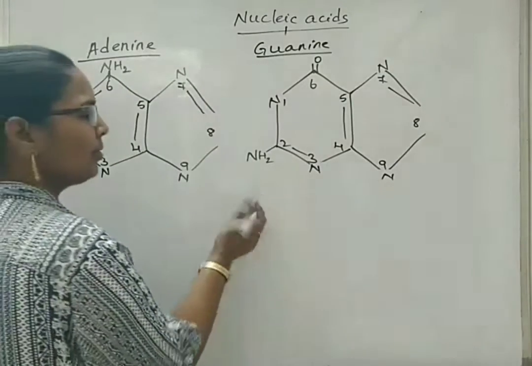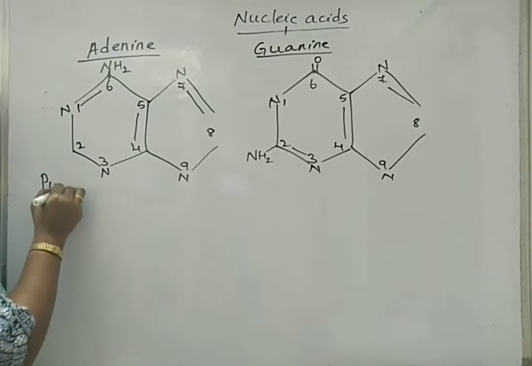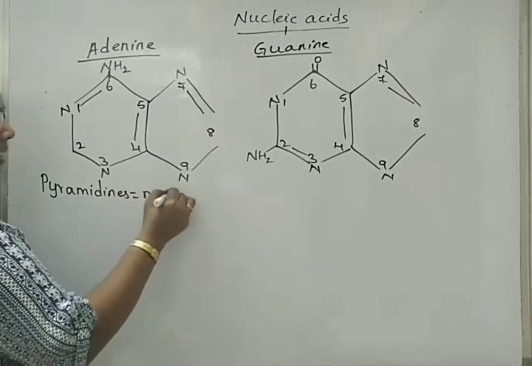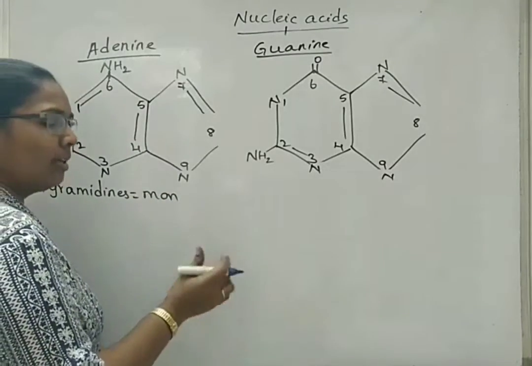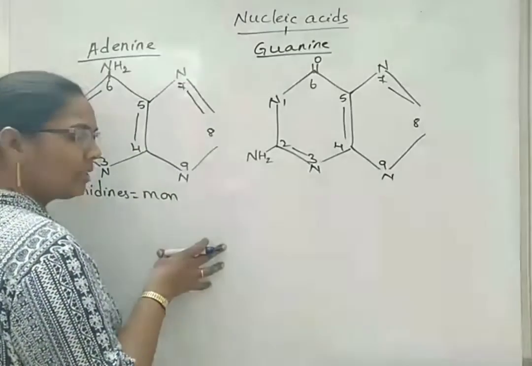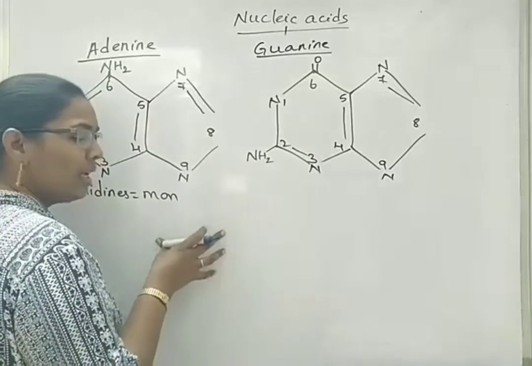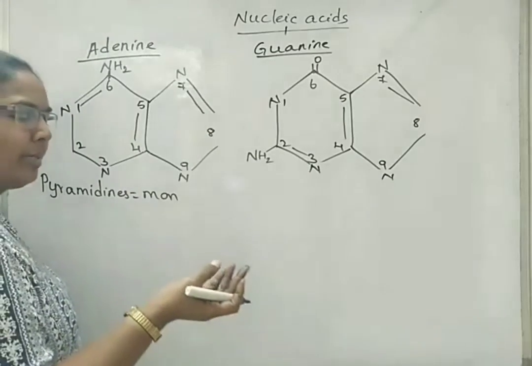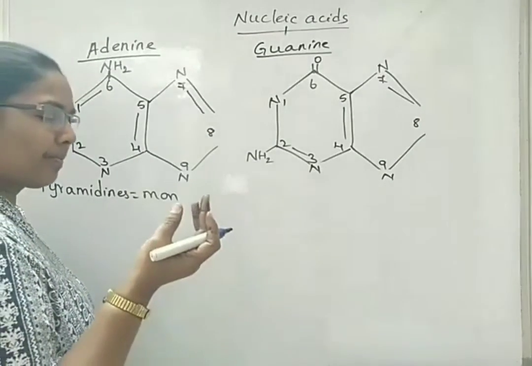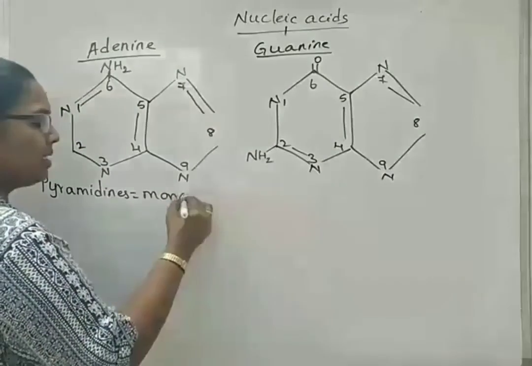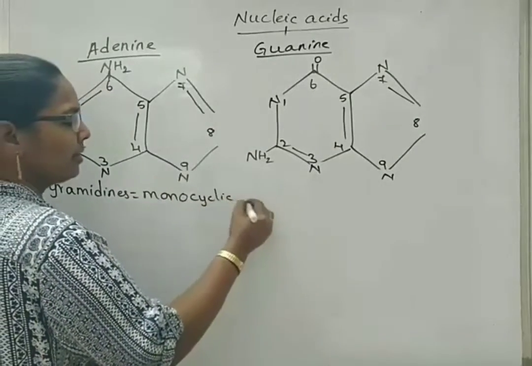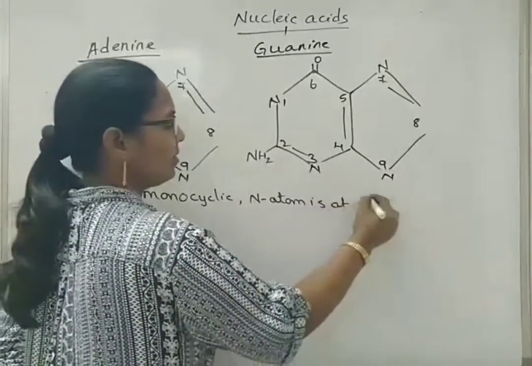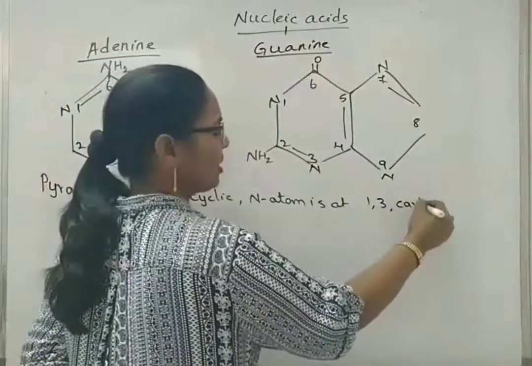So these are purines. Then what about pyrimidines? Pyrimidines are monocyclic, meaning only one ring with different functional groups at different positions, converted into pyrimidines like thymine, uracil and cytosine. These are monocyclic. Nitrogen atoms are at the 1st and 3rd carbon positions.